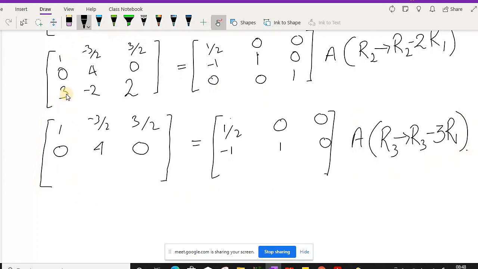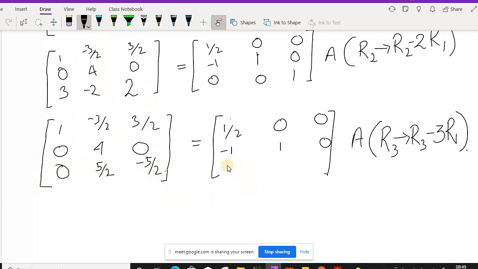So 3 minus 3 will be 0. Minus 2 plus 9 by 2 is 5 by 2. Okay, so it is minus 3, so minus 9 by 2. 2 plus minus 9 by 2 is minus 5 by 2.